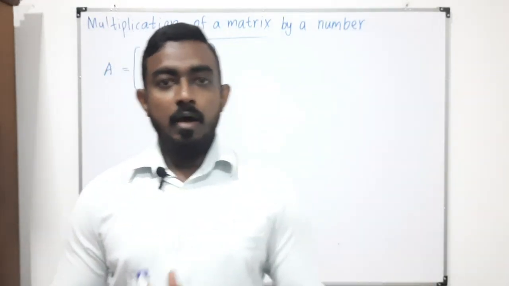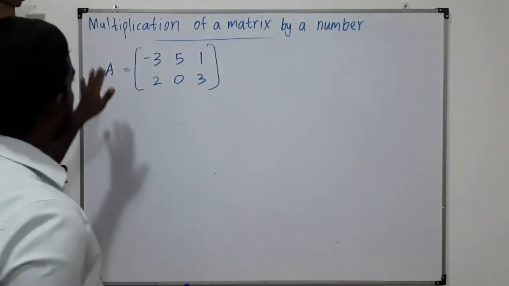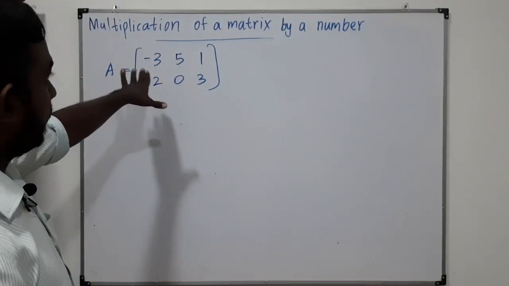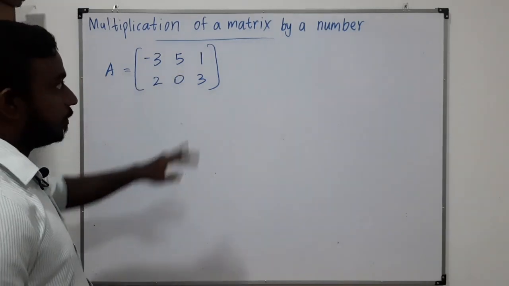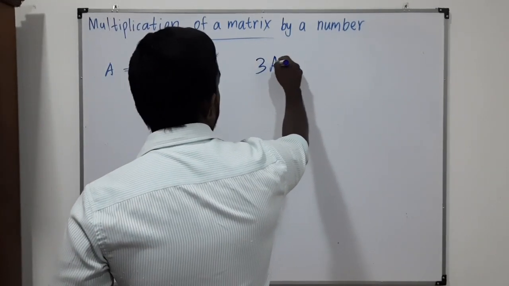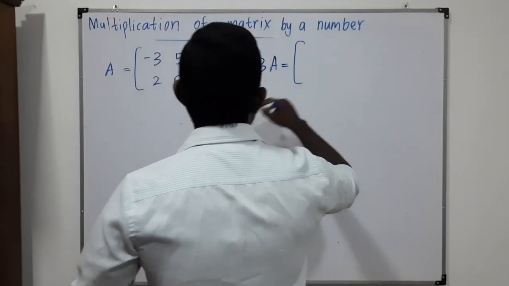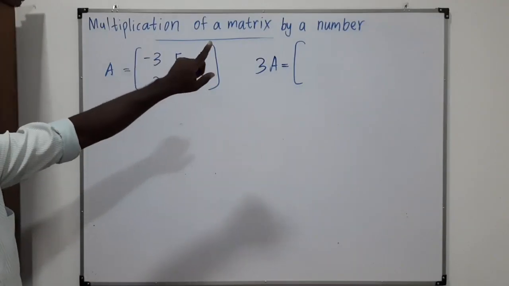Now let us see how to multiply a matrix by a number. Here I have taken an example, A as -3, 5, 1 and 2, 0, 3. Now I want to find 3 times A. Let's see how to get that. We have to multiply each element by the number 3.